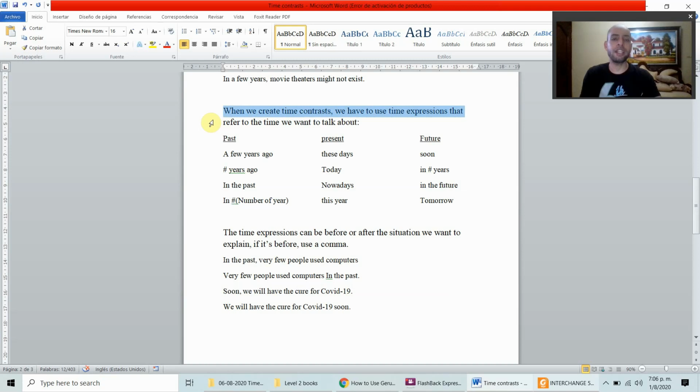When we create time contrasts, we have to use time expressions that refer to the time we want to talk about. For example, for the past expressions, we can use a few years ago, a number of years ago, like 10 years ago, 20 years ago, 50 years ago, whatever you want to express. In the past, we can also use in the past.